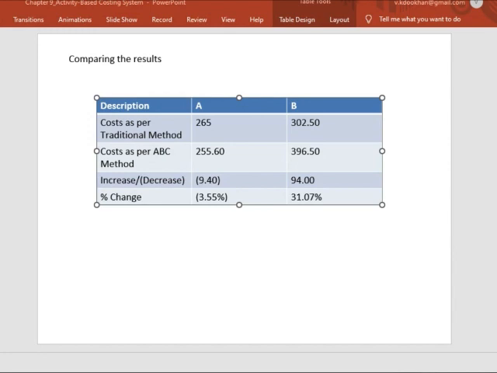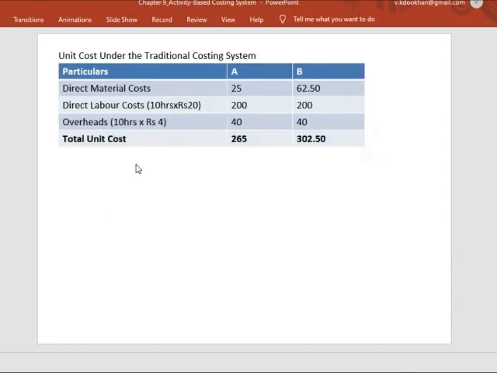Okay, now these variances, ça, la différence là, these variances in the cost per unit are mainly because of inappropriate absorption of overhead costs under the traditional costing system. Qu'est-ce qu'il arrive? When we look at the traditional, yes, here, under the traditional, all the overheads have been clubbed together and absorbed here.